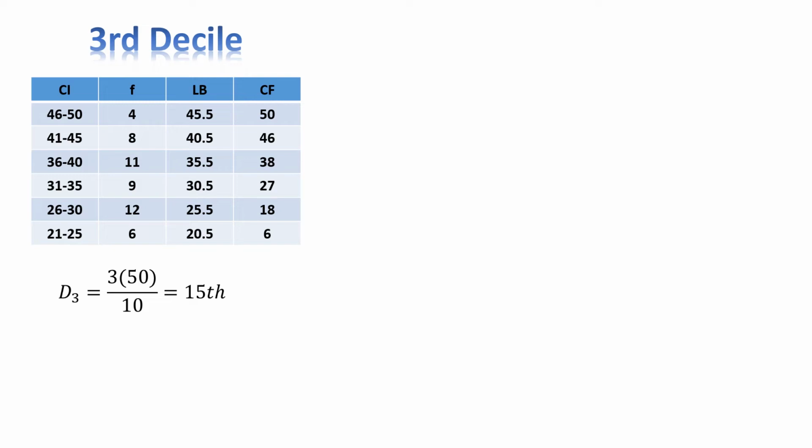So, saan makikita yung 15 number? So, nandito siya. So, discuss ko muna kung nasaan bawat. So, with the help of the cumulative frequency, dito makikita yung first to 6th, dito naman yung 7 to 18th, dito yung 19 to 27, nandito yung 28 to 38, tapos 39 to 46, and then 47 hanggang 50th number ay nandun sa pinakataas.